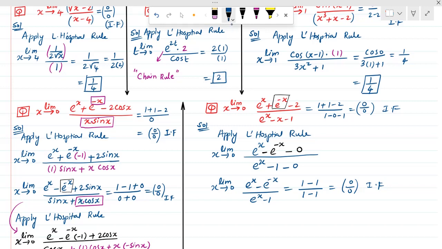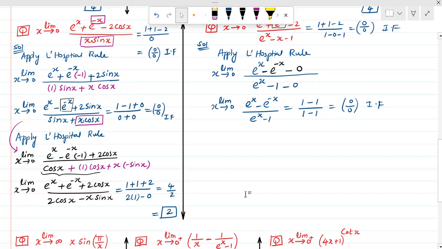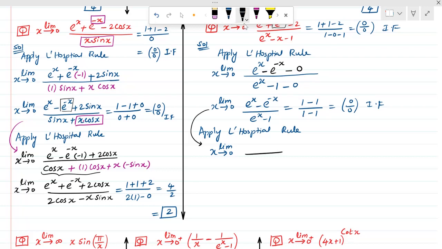The rule says again you have to apply the L'Hopital rule. So I will apply one more time. Apply L'Hopital rule again. Limit x approaches 0. And here what is the differentiation in the numerator?